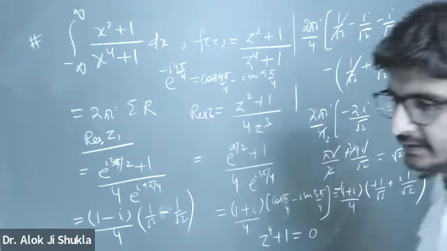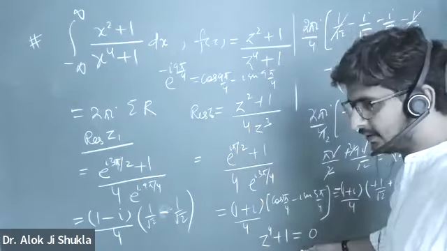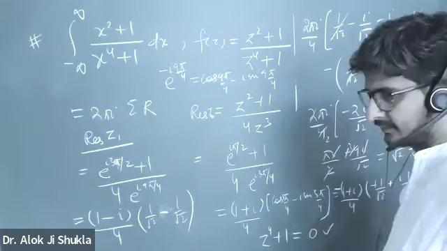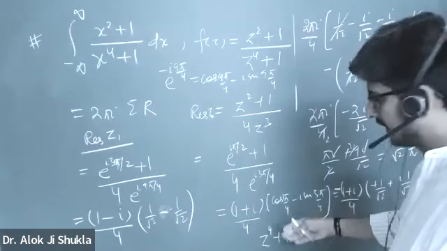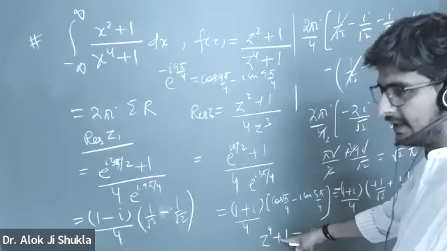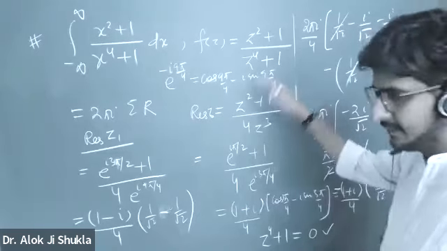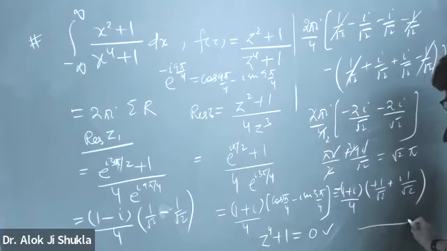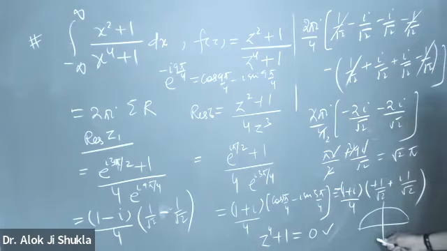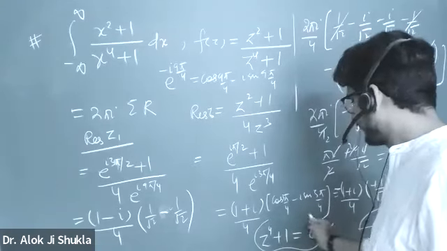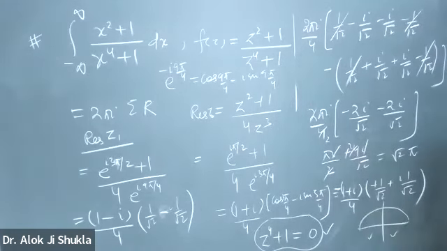When I started the complex analysis, first of all I taught you how to calculate poles by putting this. That is again a whole process. And then in those poles in which we are getting minus iota, I have rejected because that will be below the semicircle. If iota is negative, it will lie here, but it will not be inside this semicircle. Got it, sir. So you have to check again how I have done this. Okay.